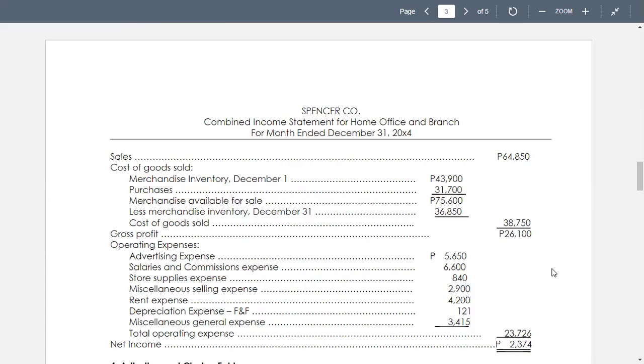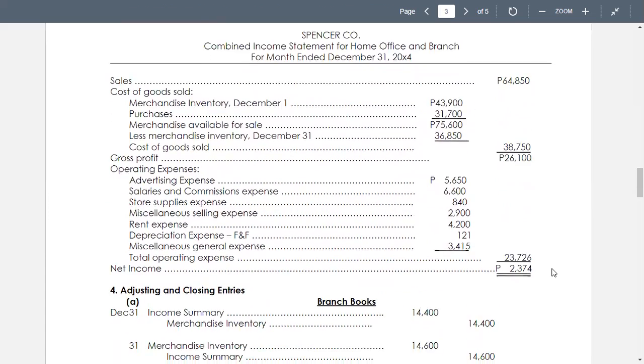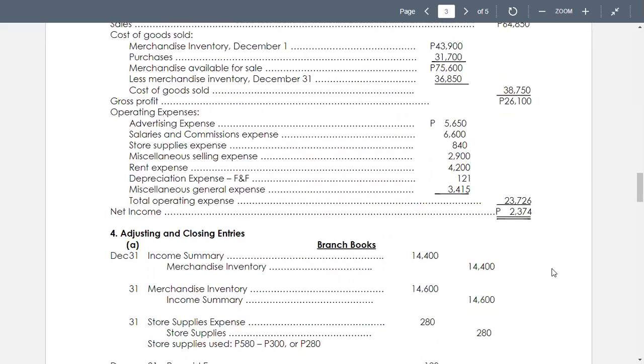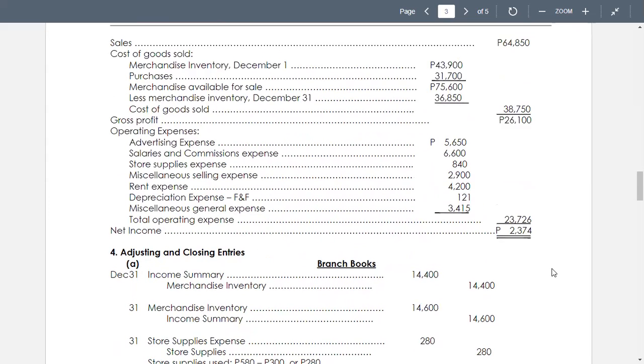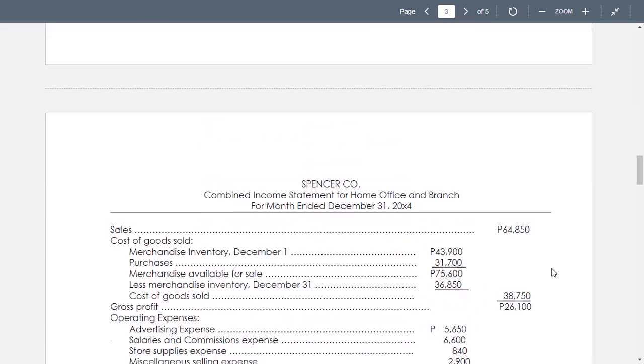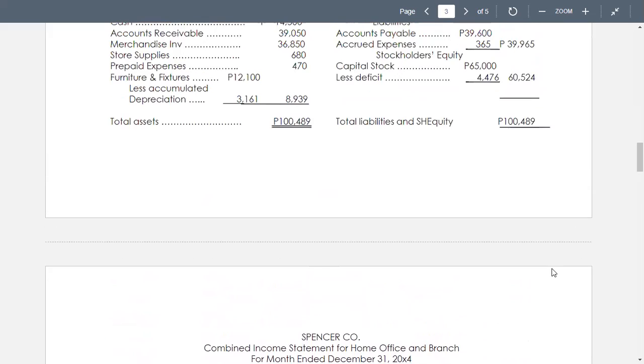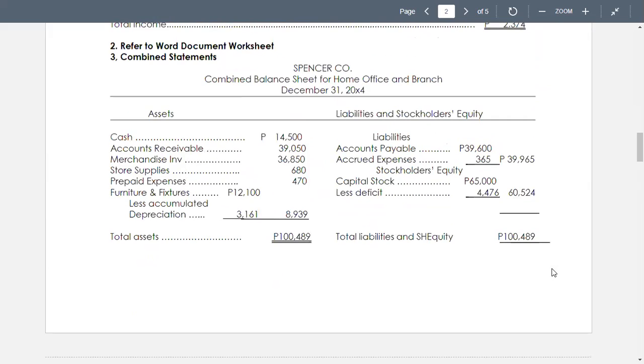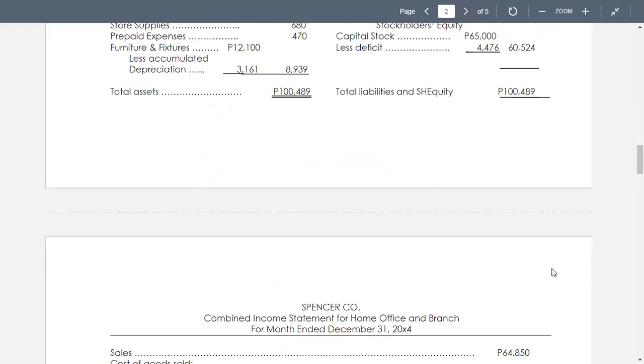Okay, now we go to the combined income statement of the home office and the branch. Okay, and above, you may have your combined assets, liabilities, and shareholders' equity.